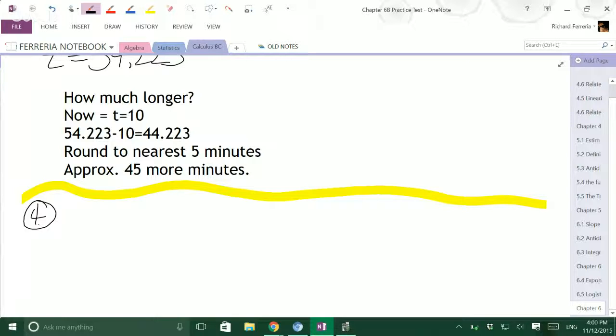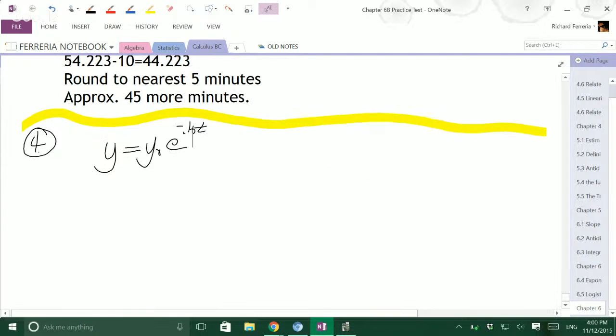Decay equation is y equals y naught e to the negative 0.16 t. What is the half-life of the element?